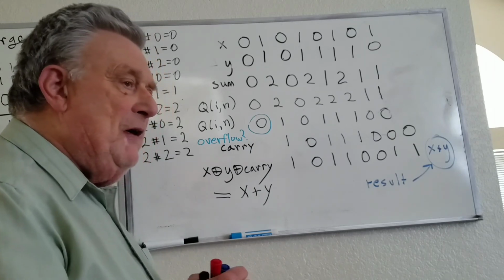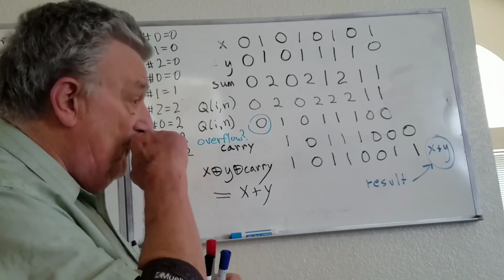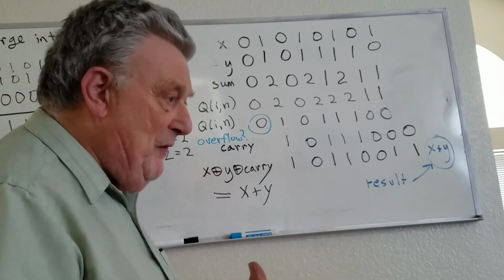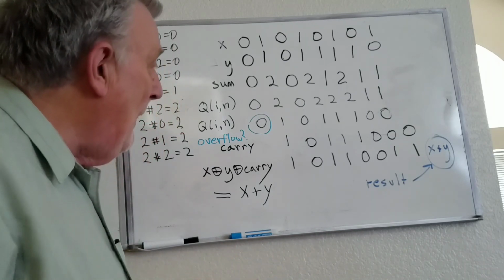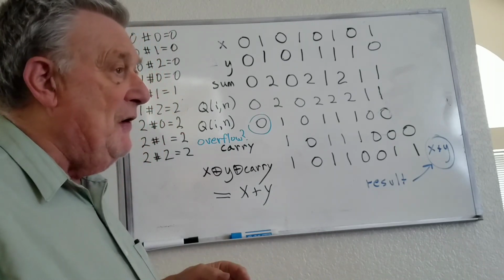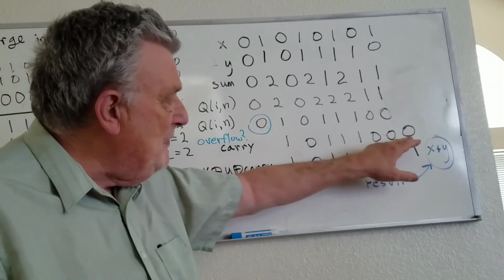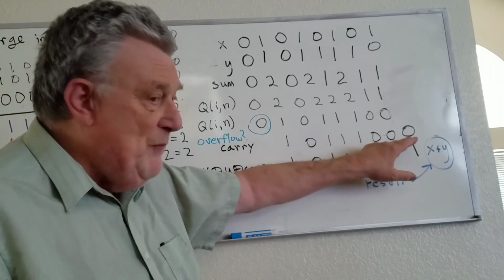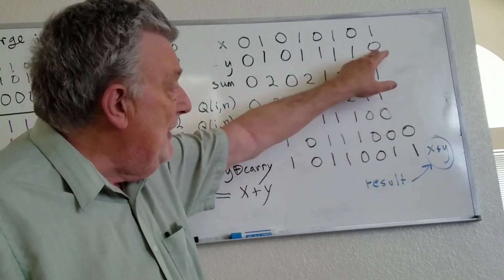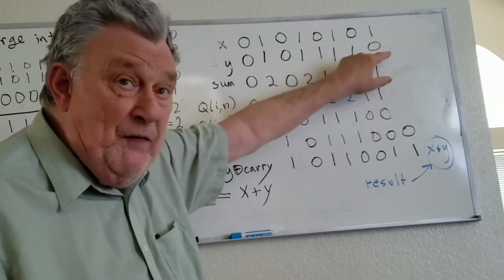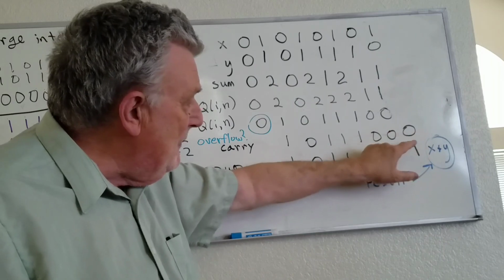What is really a wrap, meaning that the answer we'll get will be mod 2 to the 8 or 2 to the n. You're familiar with that. And we have to include an extra 0 on the right side because in the last place there's no carry from the right. So therefore there's a 0 there.